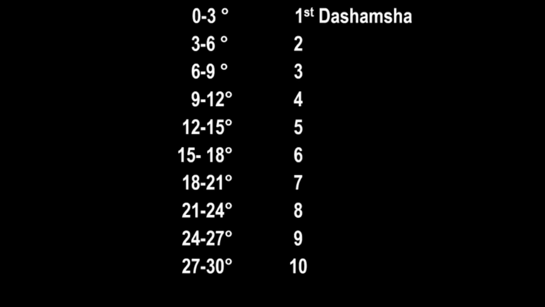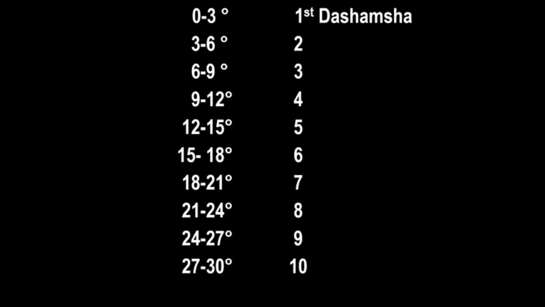In the Dashamsha chart, each sign of 30 degrees is divided into 10 equal parts of 3 degrees each. First Dashamsha starts from 0 degrees and ends at 3 degrees. Second Dashamsha starts from 3 degrees and ends at 6 degrees.